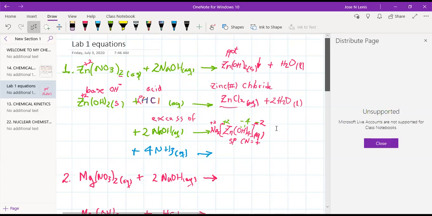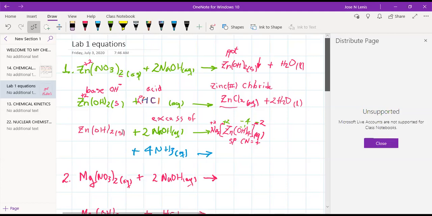The second analysis we can do here is how this compound is behaving when it reacts to form the complex. So we have, I'm going to write it here again, zinc hydroxide. Remember, zinc hydroxides are insoluble. They don't dissolve in water. So it's solid.